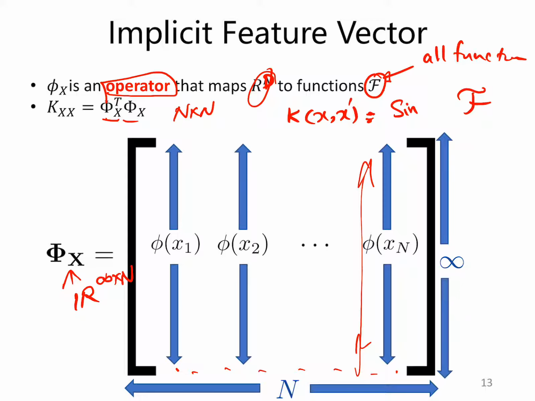So you specify the kernel covariance matrix, and that will specify your phi. You don't have to go and directly specify your feature vector. Clear? Okay.